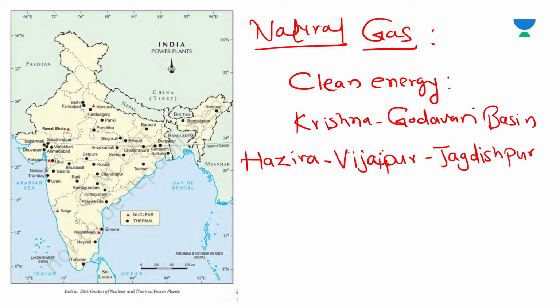So, the pipeline has provided an impetus to India's gas production. The power and fertilizer industries are the key users of natural gas. Then, use of compressed natural gas, that is CNG, for vehicles to replace liquid fuels is gaining wide popularity in the country.